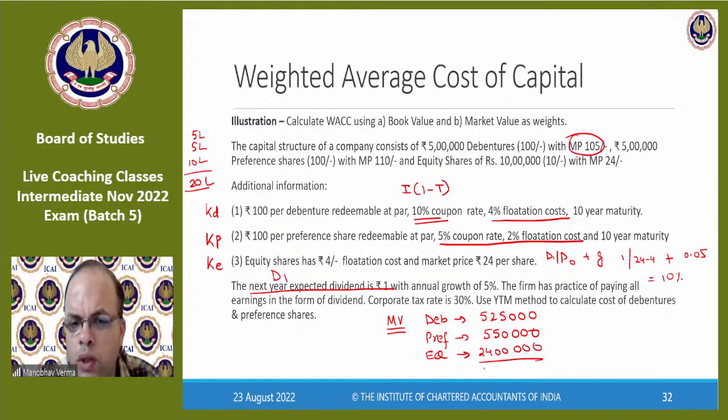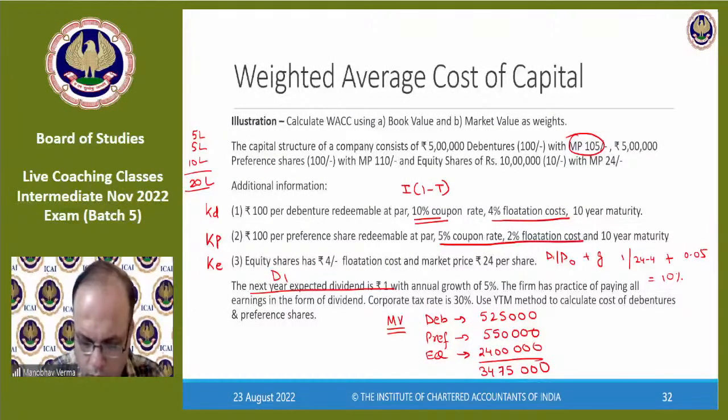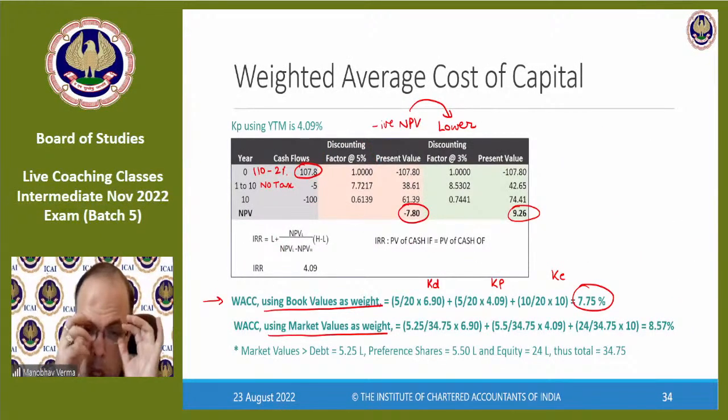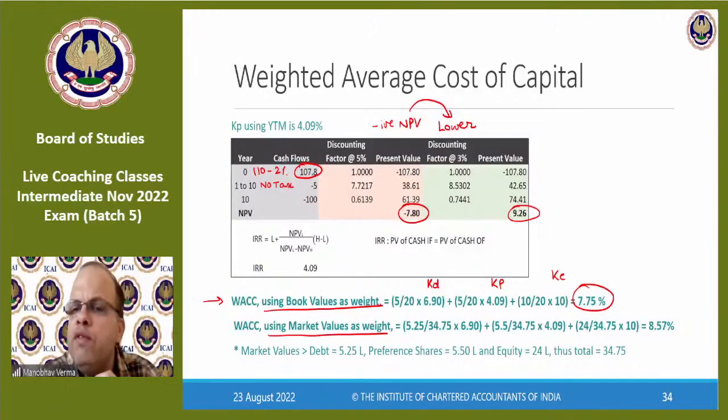That means the total is 34.75. This is the market price. And we are using the same proportion to calculate using the market weights. So 5.25 upon 34.75, 5.5 upon 34.75, and 24 upon 34.75, each multiplied by the respective cost of capital to get my weighted average cost of 8.57.